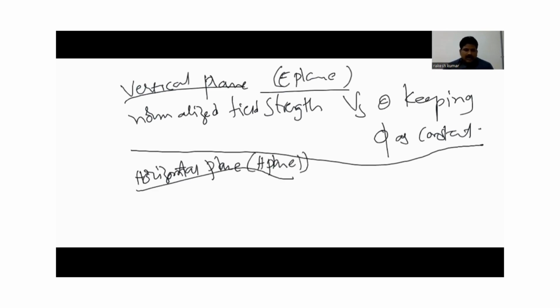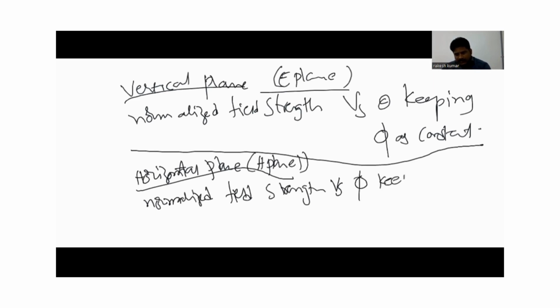The pattern which is obtained by plotting normalized field strength versus phi, keeping theta as constant, is called the horizontal plane or H plane.